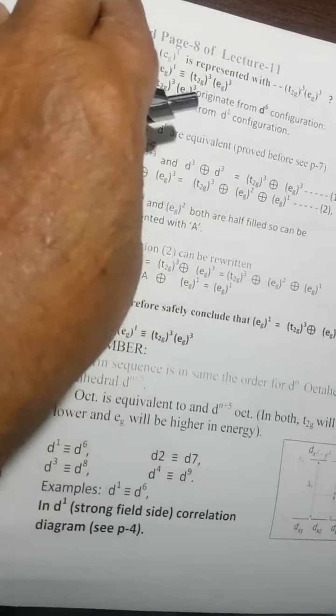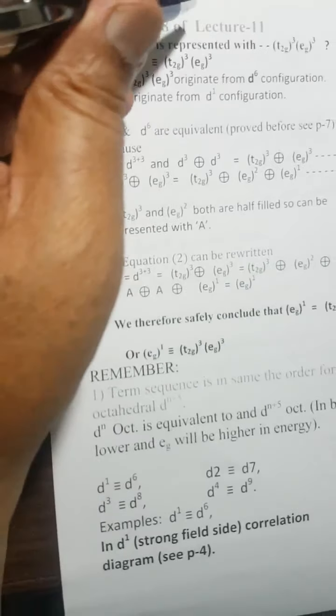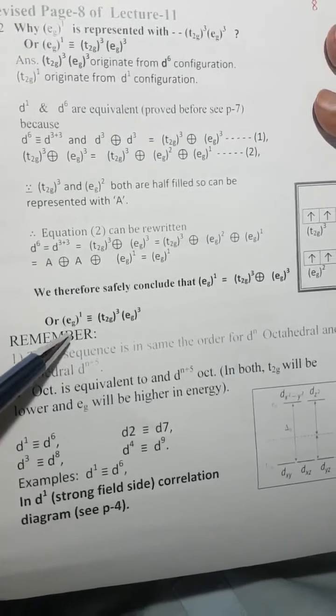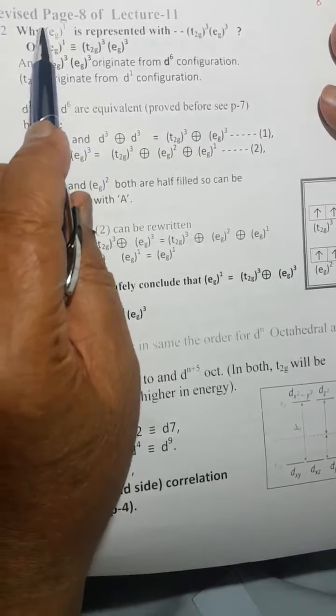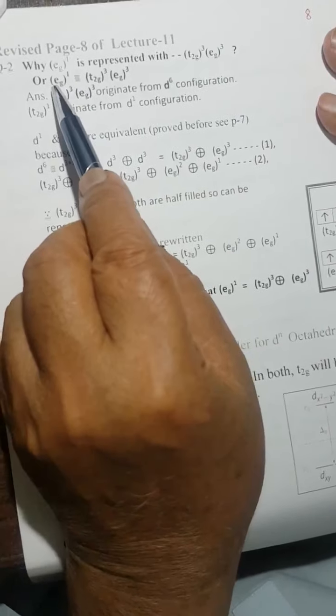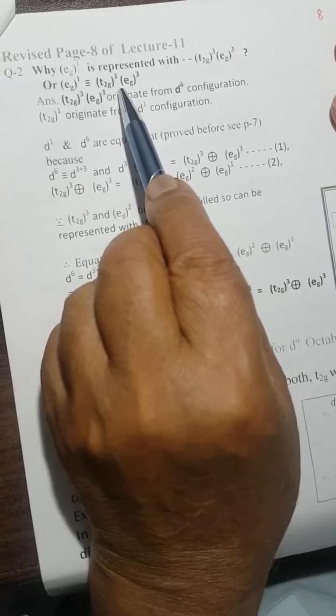Page 8, I have revised that, the one which I sent you before, to make it more clear. So I think now you will understand this whole material very quickly. See this, why eg1 is represented with this, or eg1 is represented with this, it is the same thing.